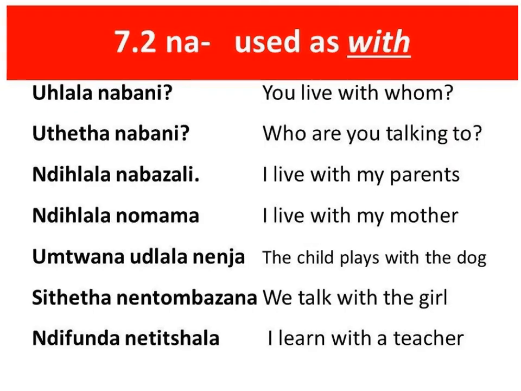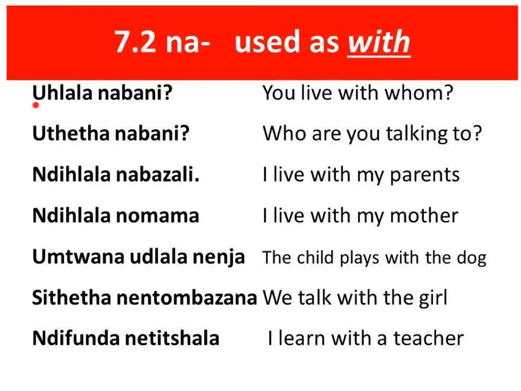But na can also have a very different meaning when you're trying to indicate with something or someone, or together with something or someone. And we're going to look at a few little examples here to make that clear. And you can see just in our question words, you can add na, for example, to the question word bani, which is who.